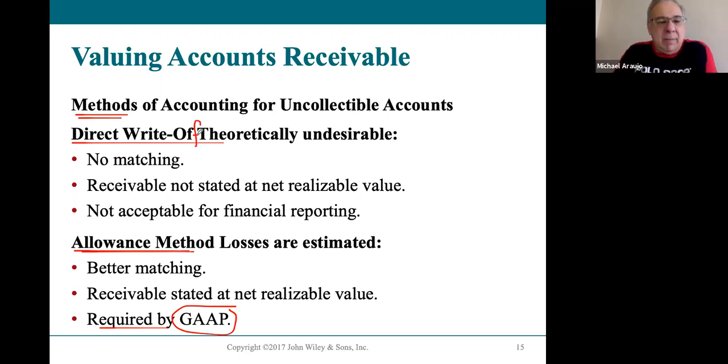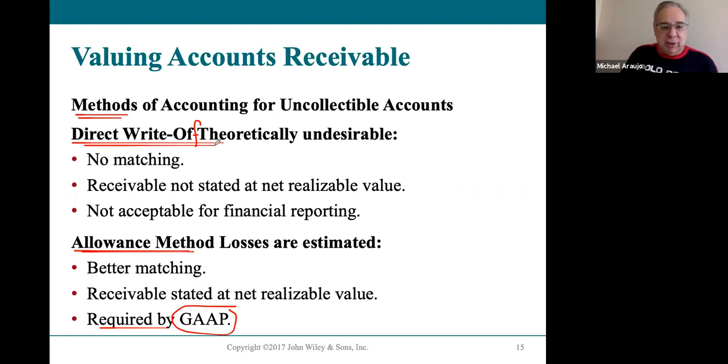Okay, it's the direct write-off method. The direct write-off method cannot be used by corporations in their presentation of any financial statements, but small businesses can use it. They've identified you as a client who they sold merchandise to on account, or they did a service for on account, and they know you're not going to pay. Boom, bad debt expense right away, take you off of their receivable.